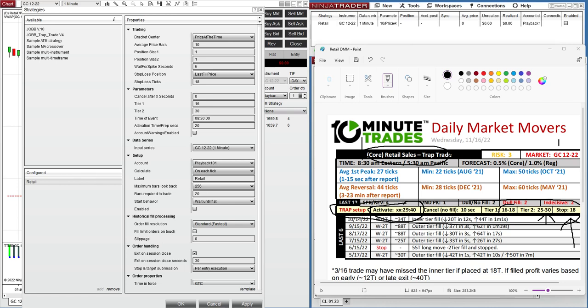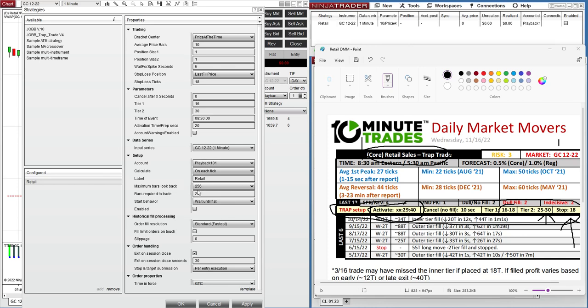It's not as bad as getting filled before a breakout trade because there's a good possibility that trap trade's going to do a moderate amount of reversing. And you may not always get hurt if you get filled early. I'd rather not get filled early ever, but I'd rather get filled early in a trap trade than a breakout trade. All right, so not a lot to set up.